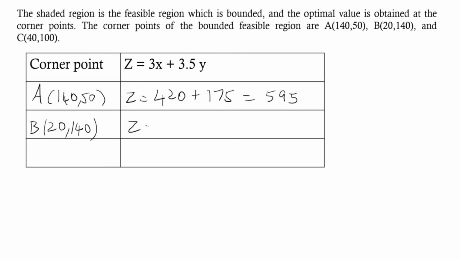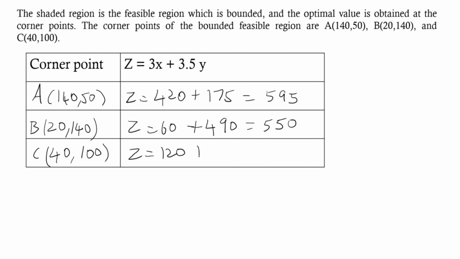The value of Z is 60 plus 490, which is equal to 550. Next point is C 40, 100. The value of Z is 120 plus 350. It is equal to 470.